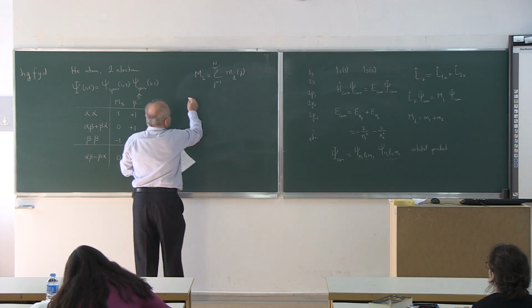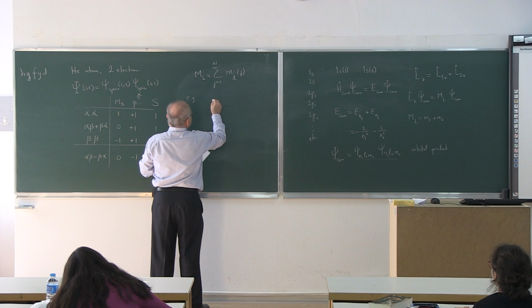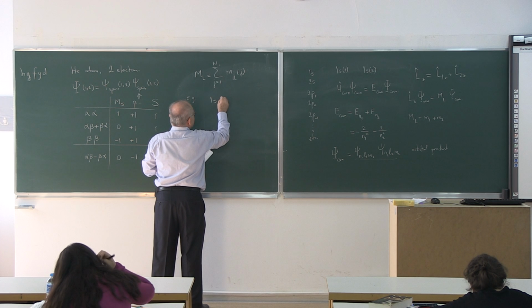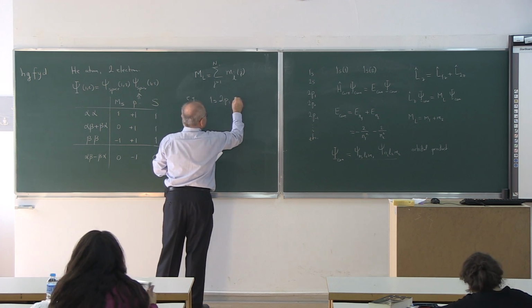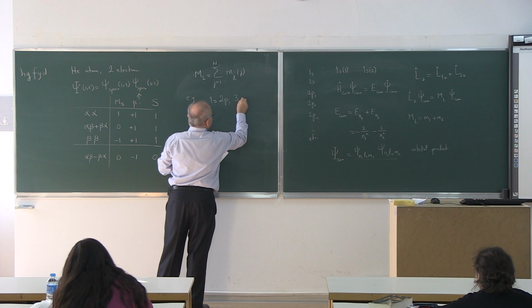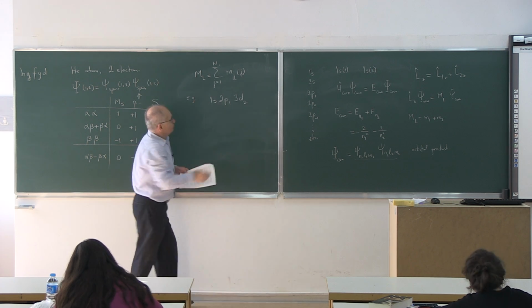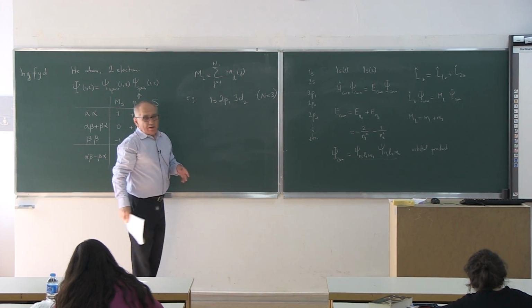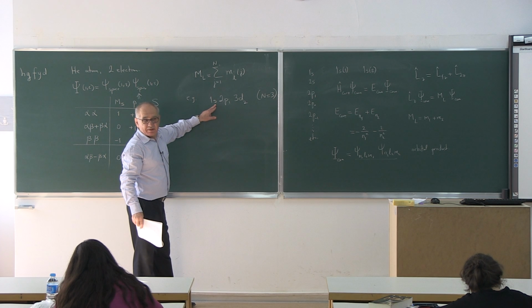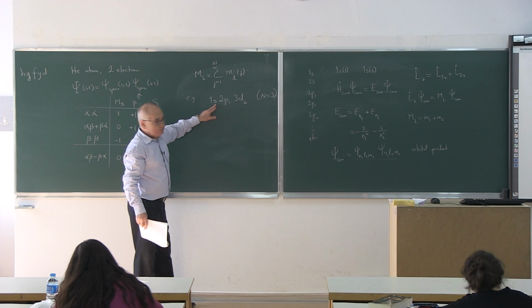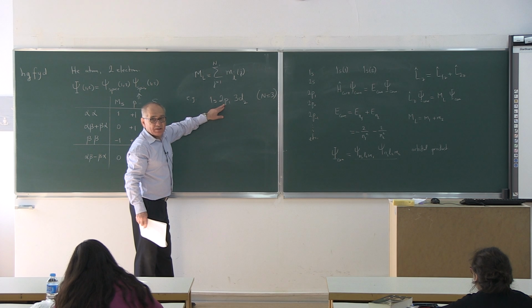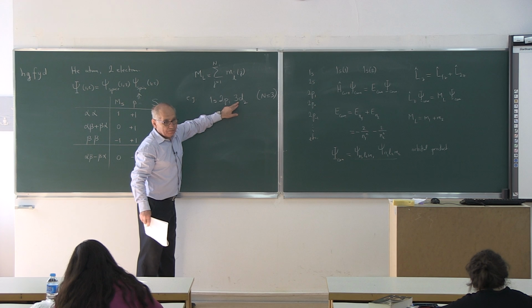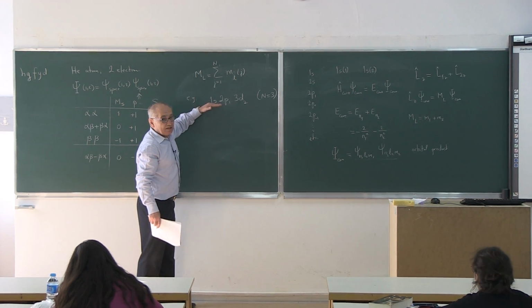For example, 1s times 2p1 times 3d2. For the first electron, we have picked the 1s orbital. For the second electron, we have picked the 2p1 orbital. And for the third one, 3d2. These are just space parts.